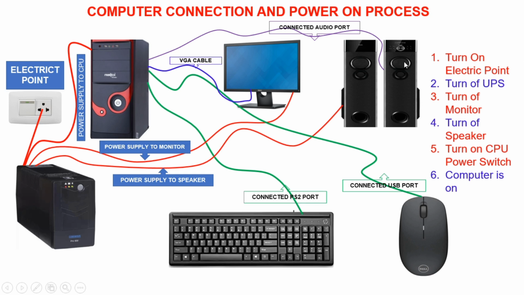Step 1 is to turn on the electric point. Just here, turn on the electric point. The second is to turn on the UPS. The third is to turn on the monitor. After that, turn on the speaker. Then power on the CPU or system unit switch.